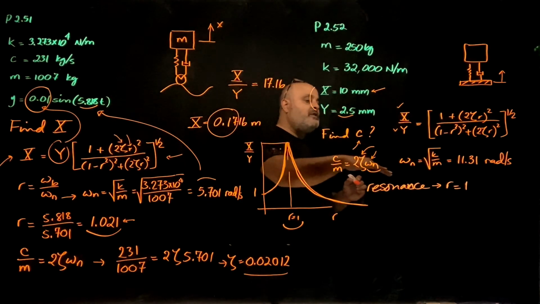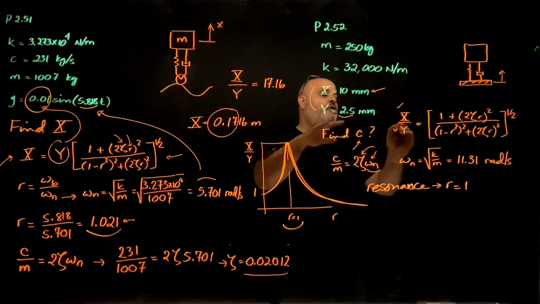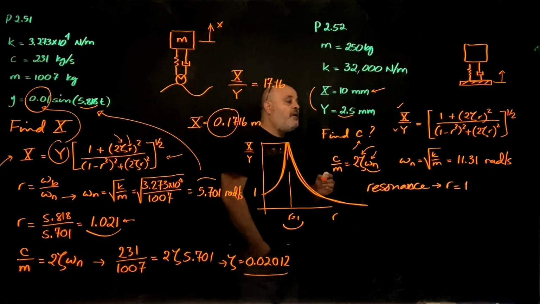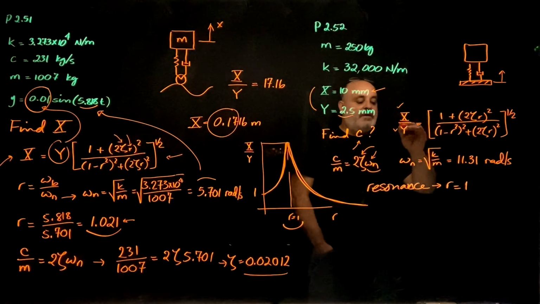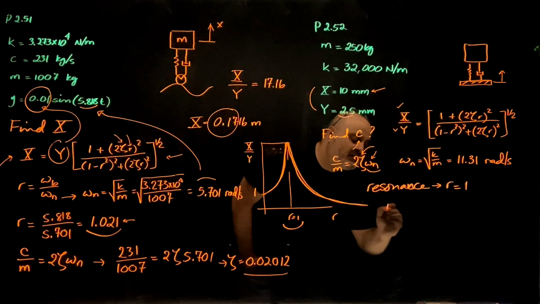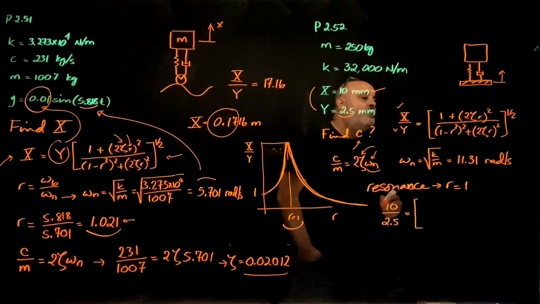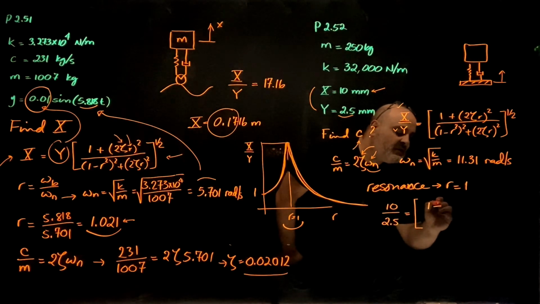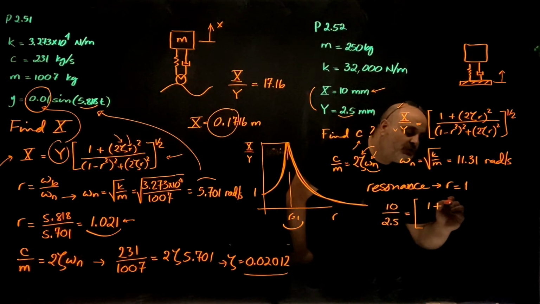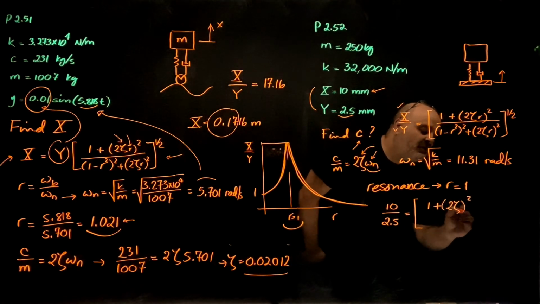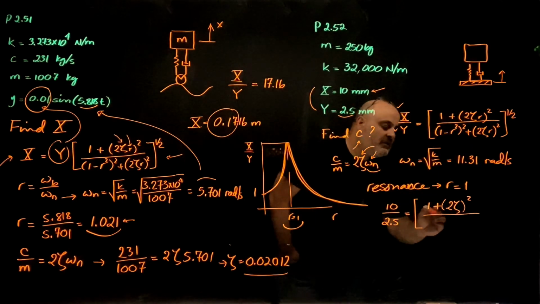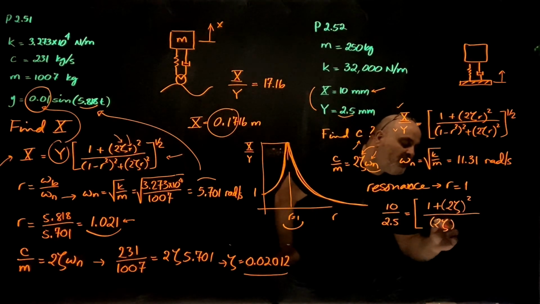That's why if you notice the transmissibility here is 10 divided by 2.5, that's 4, greater than 1. So substituting r equals 1 and x and y, x over y, 10 divided by 2.5, is equal to the square root of 1 plus (2 zeta) squared, divided by 0 (since r is 1), plus (2 zeta) squared.